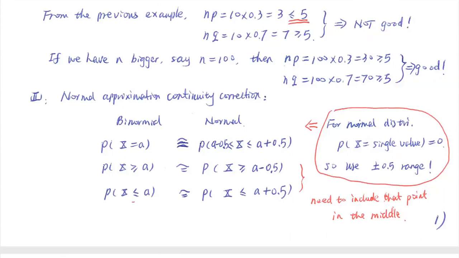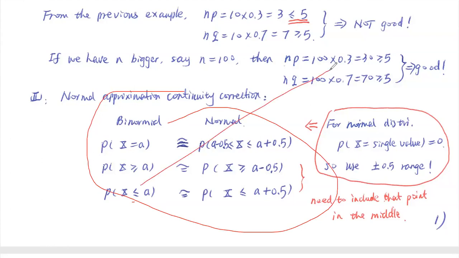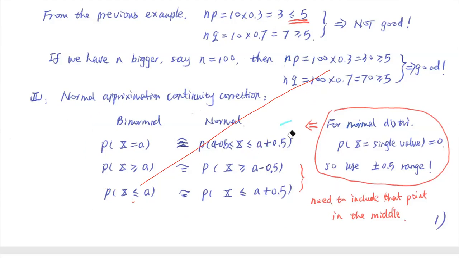If this part confuses you somehow, no worries, we can cross that. As long as you know we can use the normal distribution to approximate the binomial distribution, that's good enough. We don't want to test you on how to convert or do the calculation here.